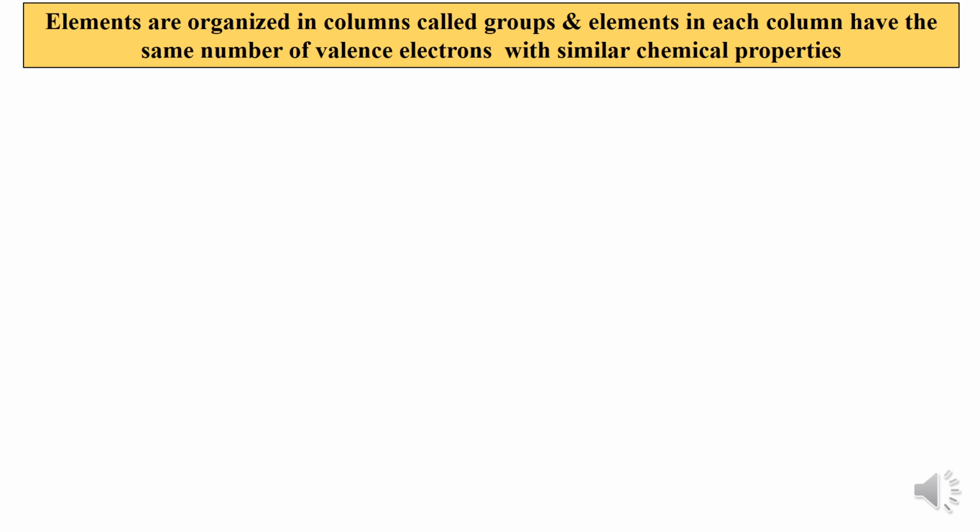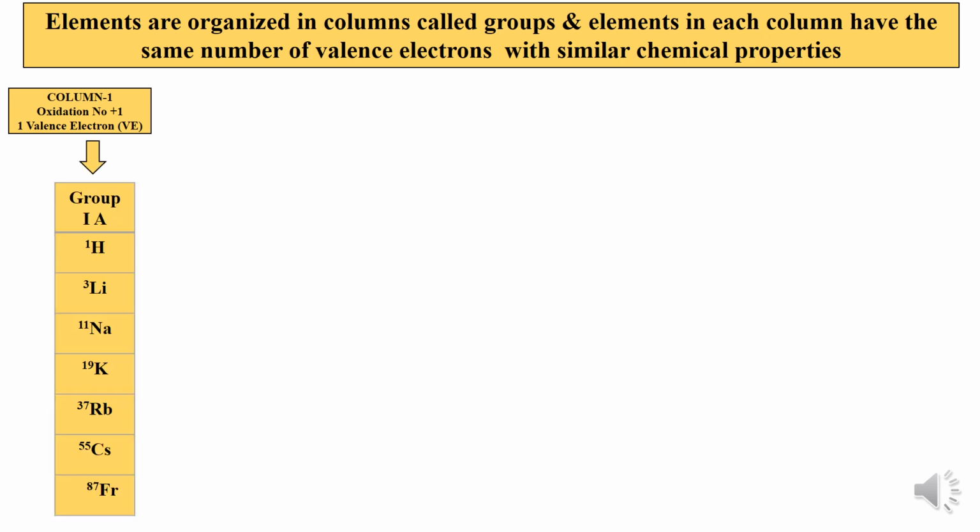Elements in the periodic table are organized in columns called groups. In column 1, you will find group 1 elements with 1 valence electron and oxidation number of +1.